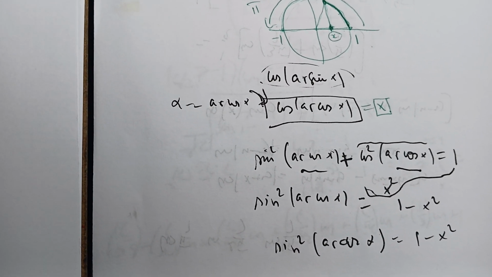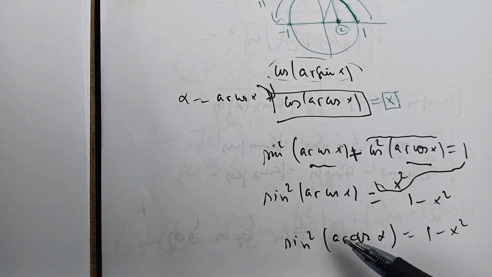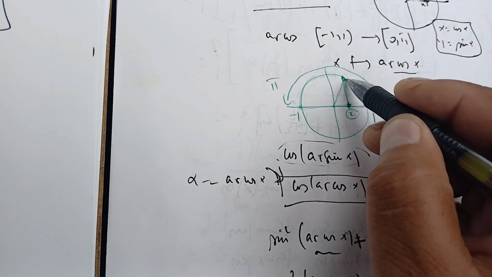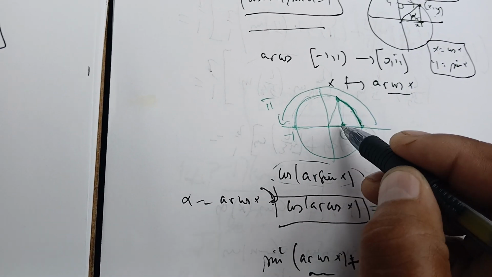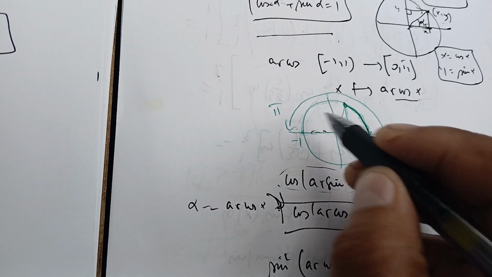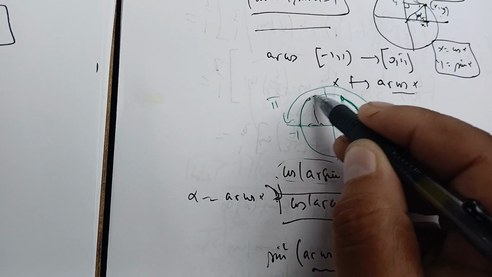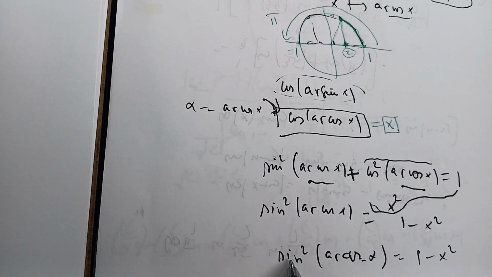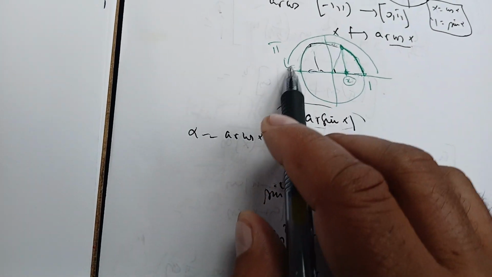The problem is, what is this arccosine? It has its values on where? On 0, pi. Take any x from -1, 1 and compute its arccosine. It's gonna be in this interval, 0, pi. And what's the sign of the sine here?